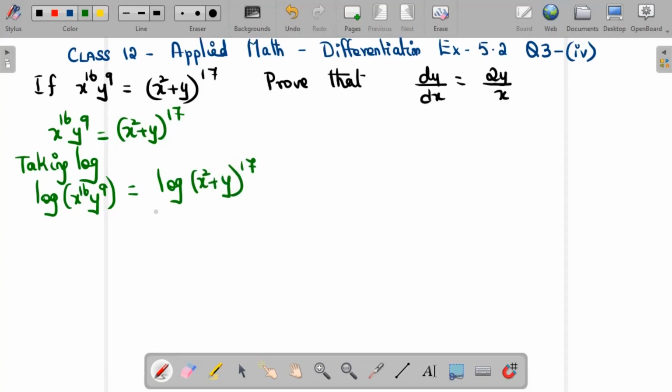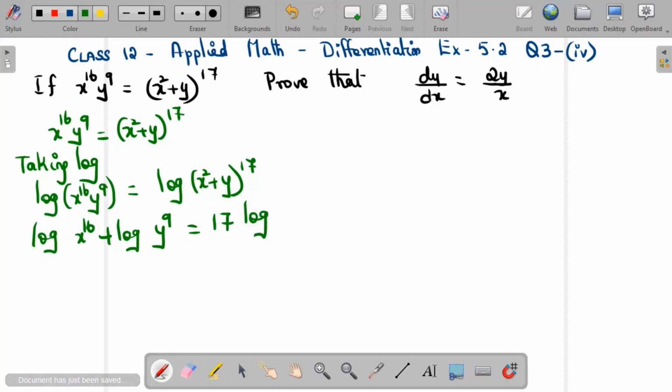So let's do some logarithmic property modifications. Log AB is going to be log A plus log B. So I'm breaking the LHS as log of x^16 plus log of y^9. On the right side, this is equal to 17 into log of (x² + y).